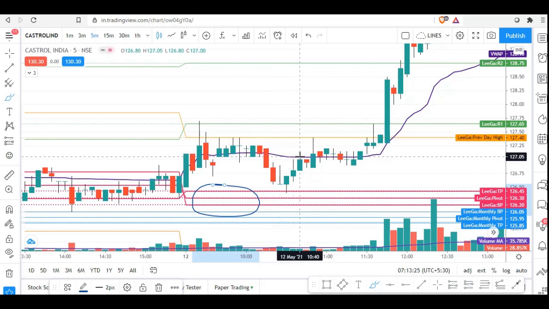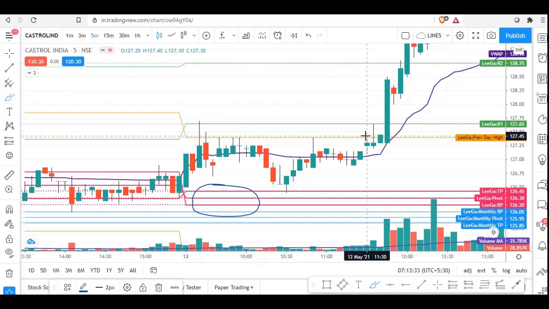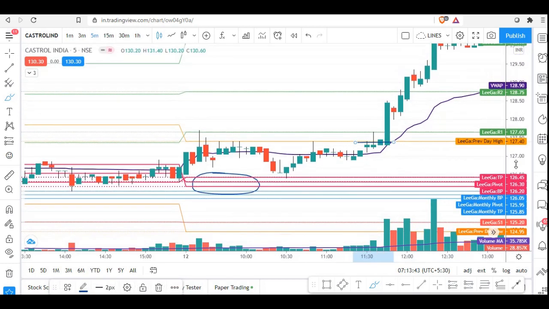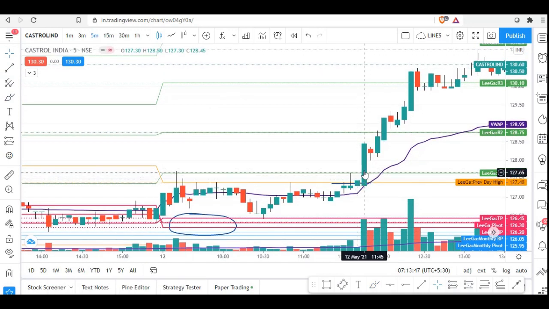So this is a VWAP line. We can take entry above the VWAP line only after finishing a 5 minute bullish candle. You can take entry above this candle only. Then we can go up, our first target is R2.